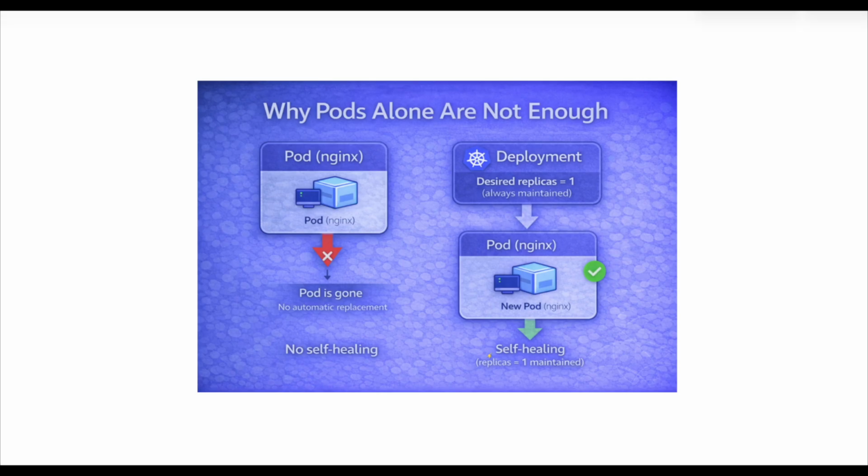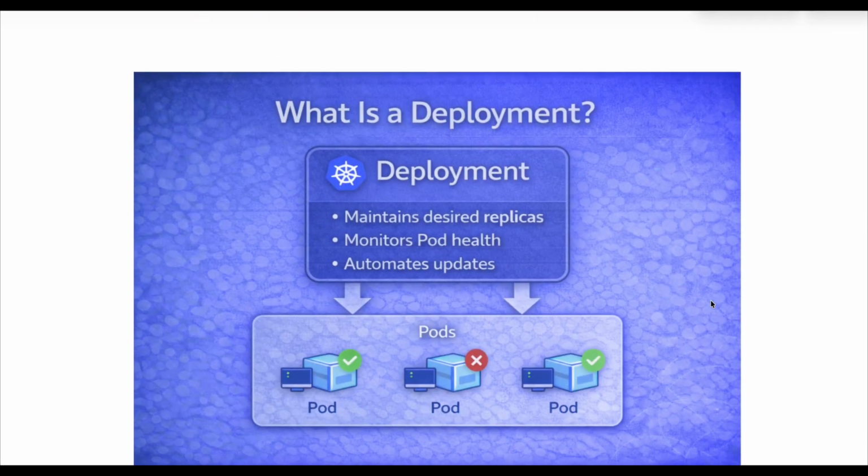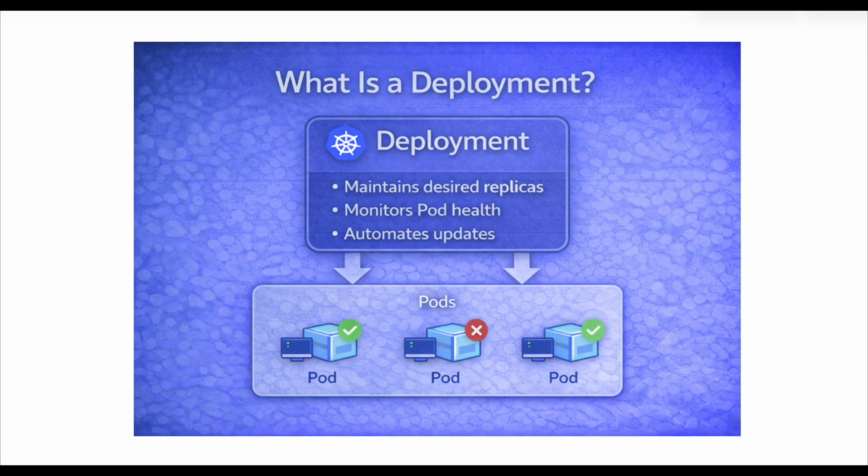What is a deployment? A deployment is a Kubernetes object that manages pods for us. Instead of saying create one pod, a deployment says I want this many identical pods running at all times.